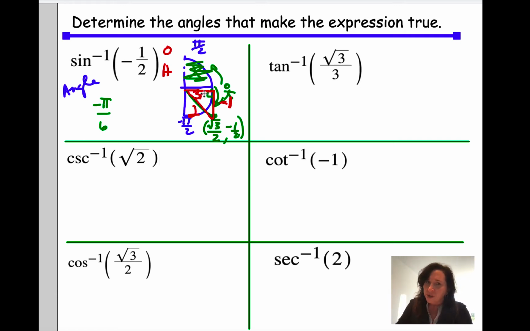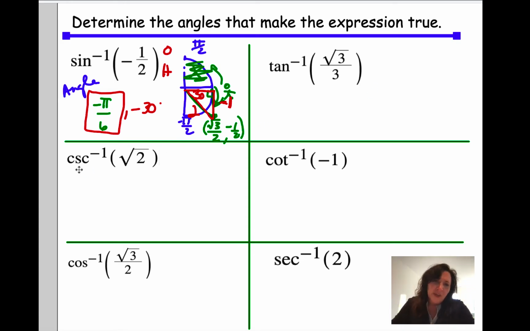Well, that would be a 30-degree angle. So going down 30 degrees, I could say -30 degrees if it's asking me in degrees, or I would say -pi/6 if the question warrants a radian answer. But this is another option for you to do.